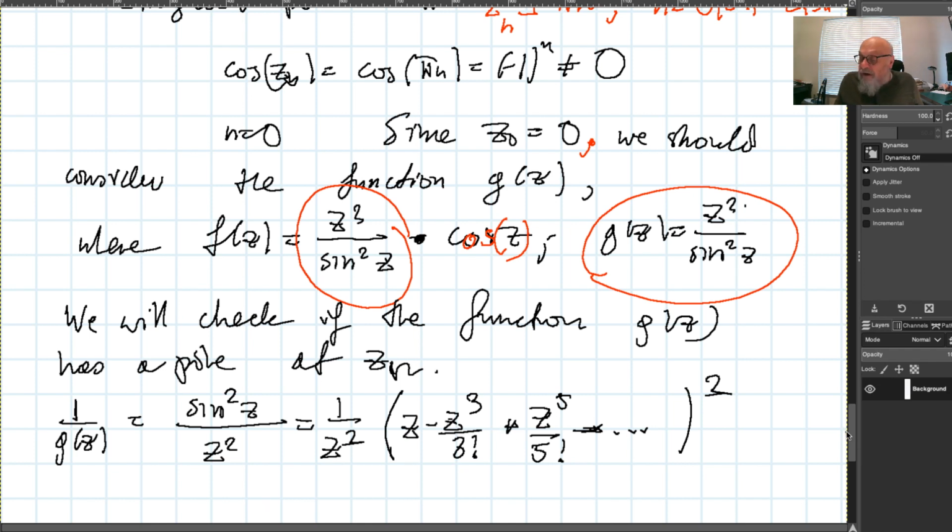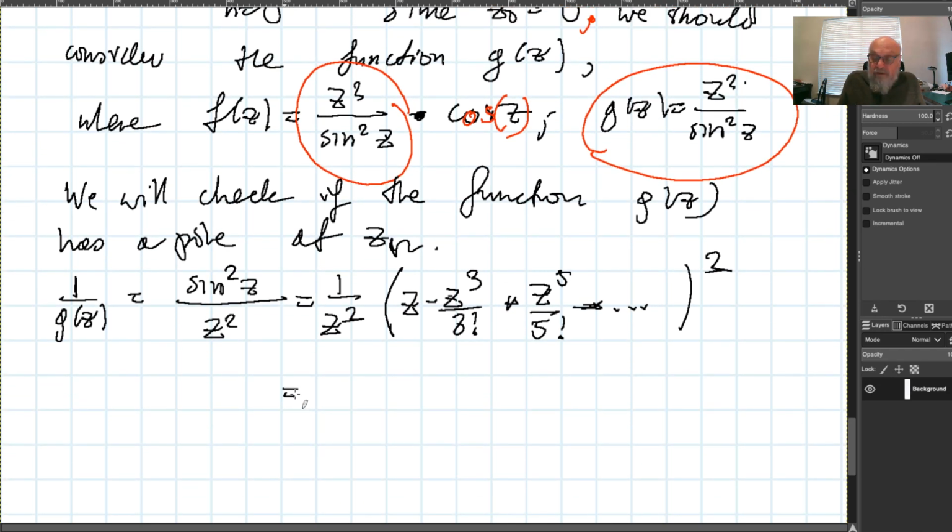So let me go down, and you see this becomes a little easier to do, because now I can take this z out. So here is the square, so this is squared, and now I take this z out and put here z squared.